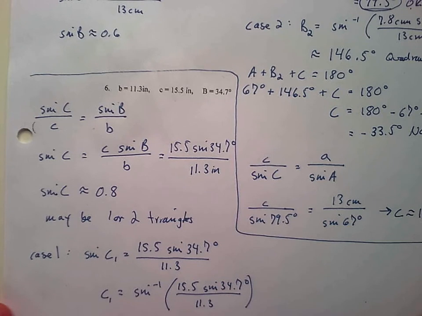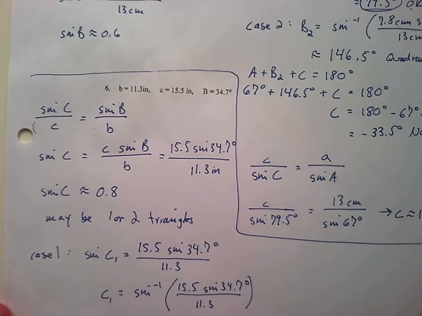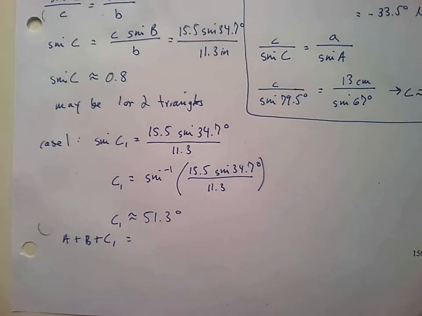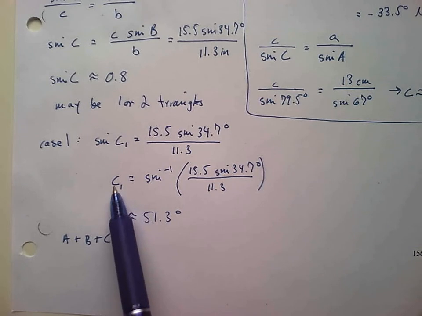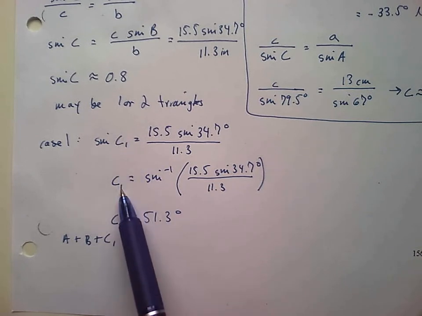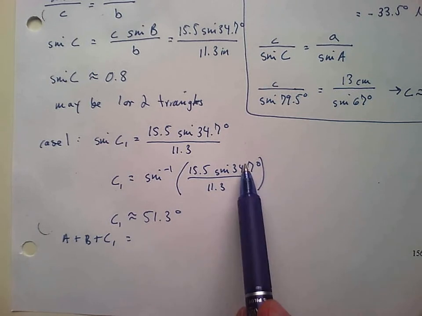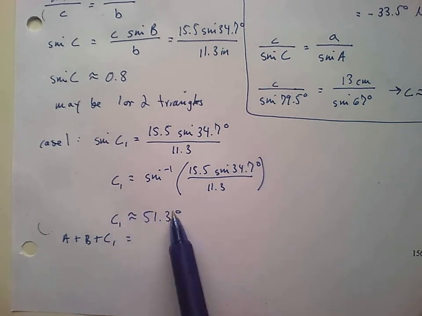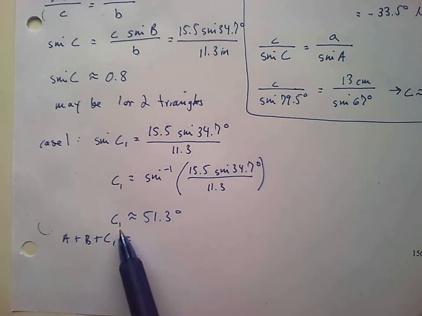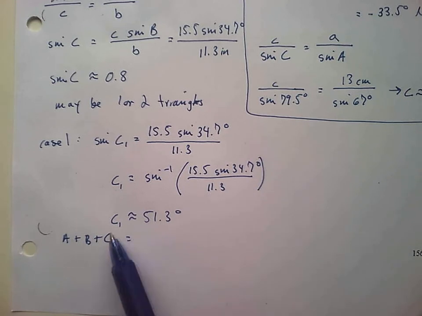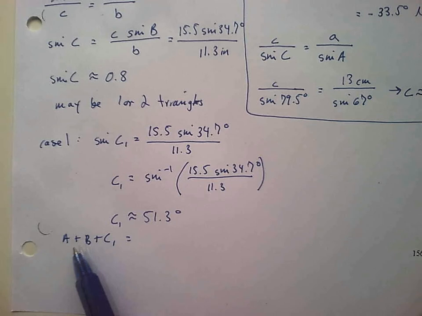Sorry, you couldn't see that, so let me backtrack here. We took the inverse sine of both sides, which on the left-hand side is just going to leave me with C1. On the right-hand side, I now have the inverse sine of all this. If you plug this in using your calculator, you'll get that the inverse sine of all this comes out to approximately 51.3 degrees. So that's what we're going to call C1.